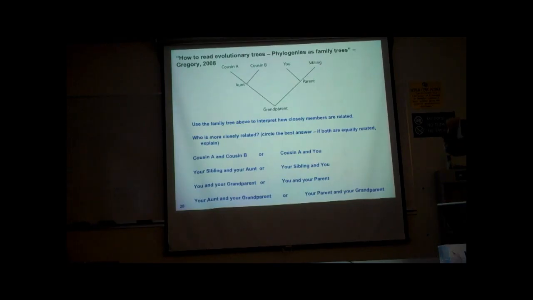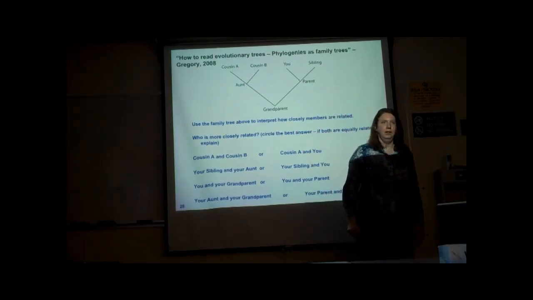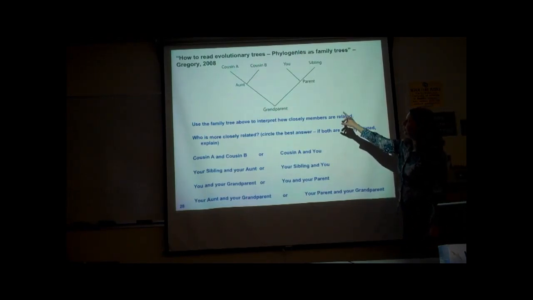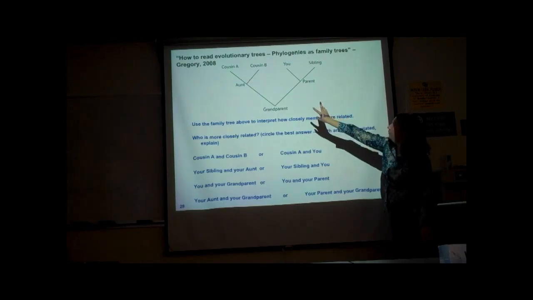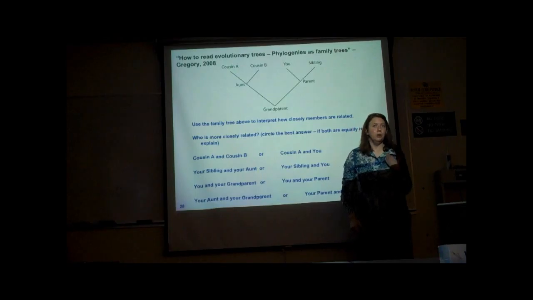You notice one difference here is that we actually have ancestors at the nodes, which isn't common, but there are some evolutionary diagrams that will have that. So here we can confront some of those issues, like if you rotated A and B, would that change anything about their relationship to you?